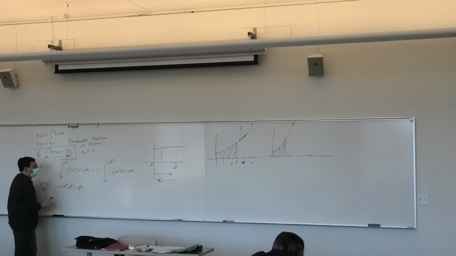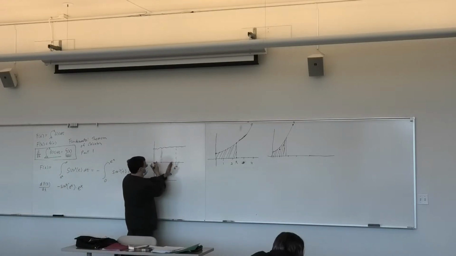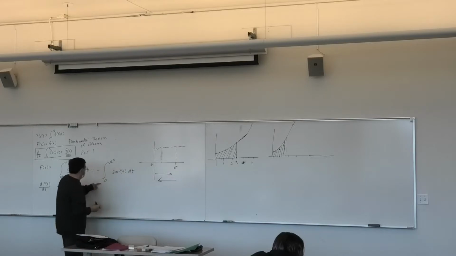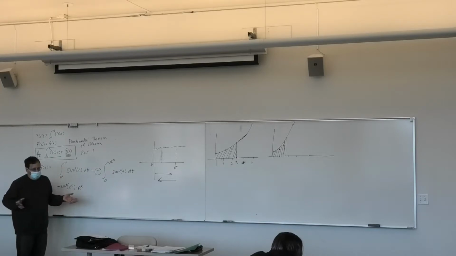That's what this is saying. So to get us back to where we know, we just switch the integration. Now we're going from 0 to e to the x, but we end up with a minus sign. So that's the first part. That should be pretty simple.